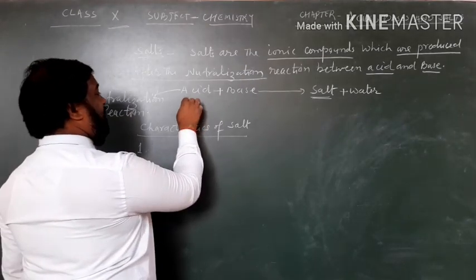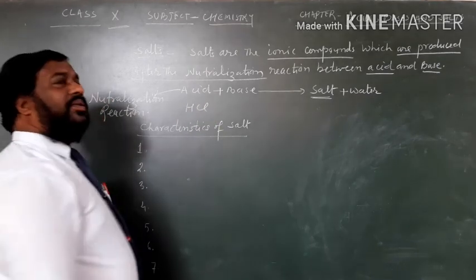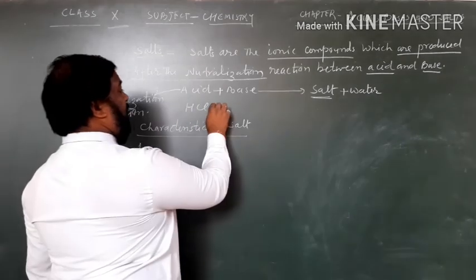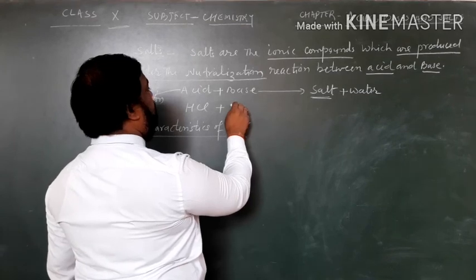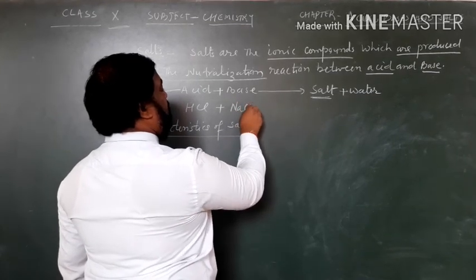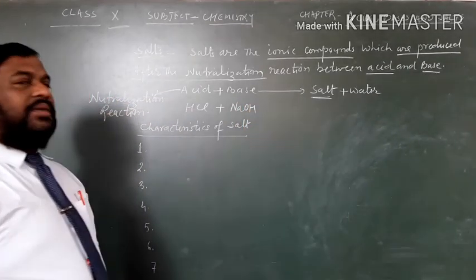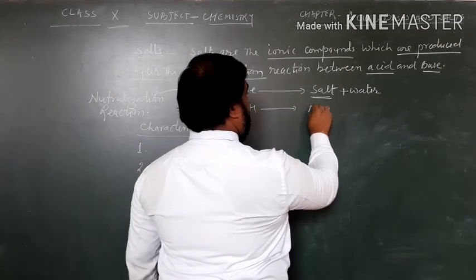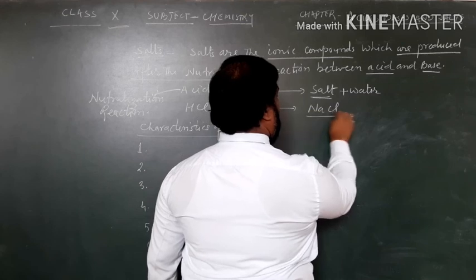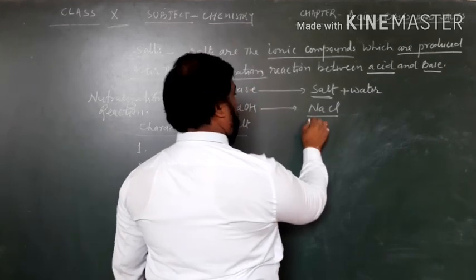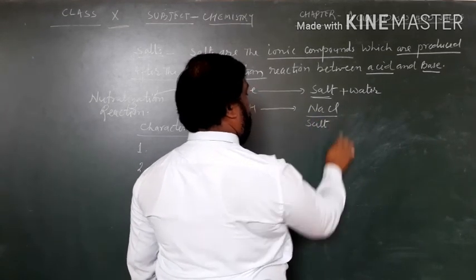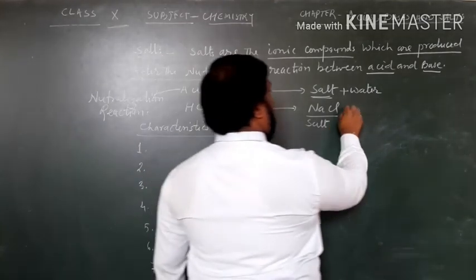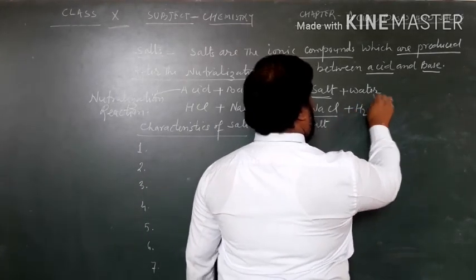Suppose that HCl, hydrochloric acid, reacts with NaOH, sodium hydroxide, to form NaCl, this is a salt, sodium chloride, and H2O.